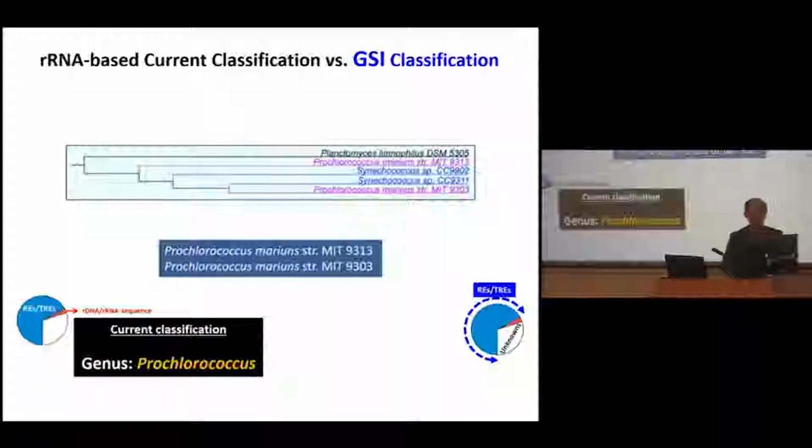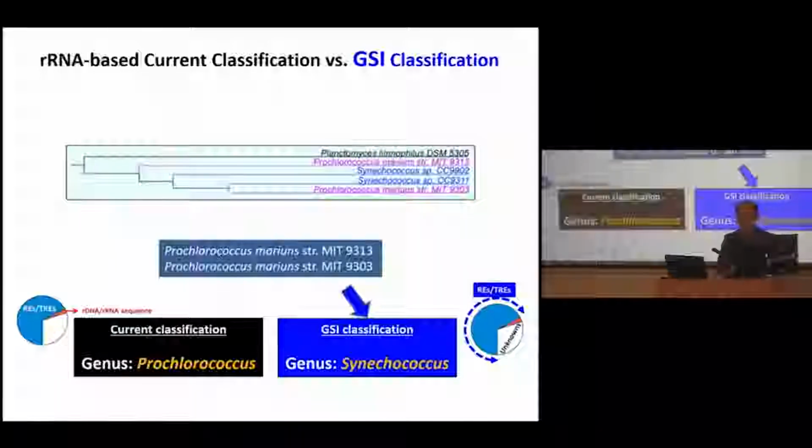Similar to the archaea to bacteria change, those 2 Prochlorococcus, which were supposed to be in the Prochlorococcus genus based on ribosomal RNA sequence, now, by looking at the entire genomic sequence, we can confirm that they belong to Synechococcus. So we need to assign a new genus name for these 2 microbes.